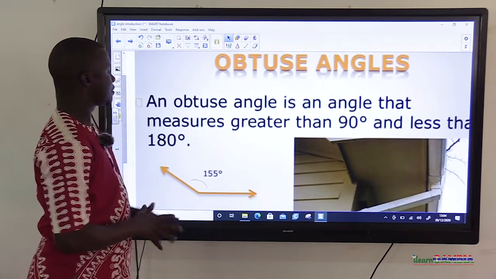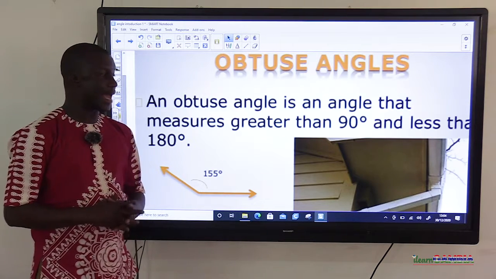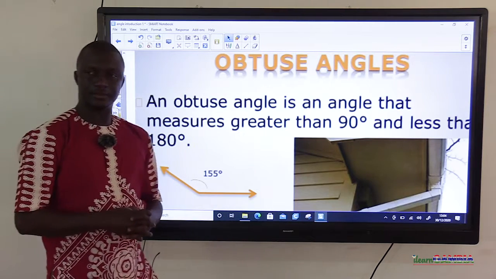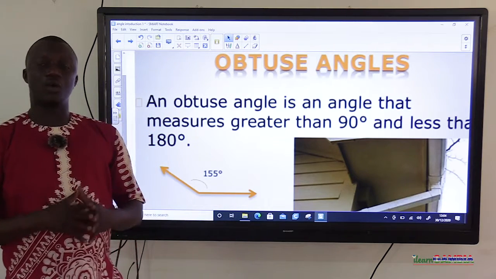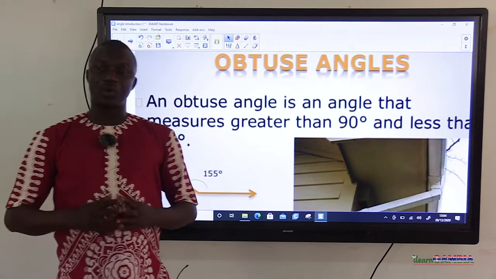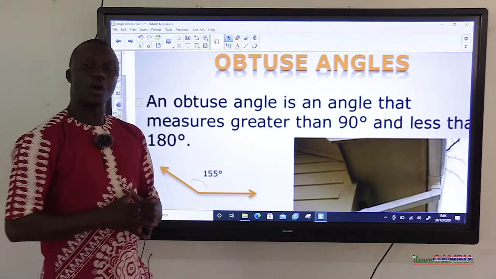Obtuse angles. An obtuse angle is an angle that measures greater than 90 and less than 180. Any angle that is greater than 90, more than 90, but less than 180, that's a straight angle, it is called an obtuse angle.